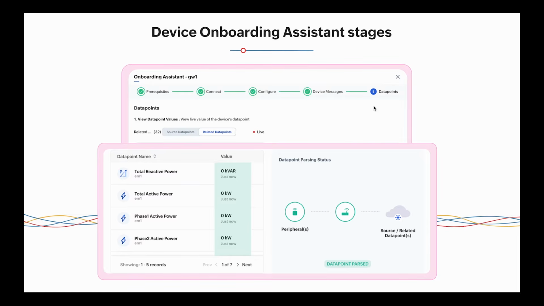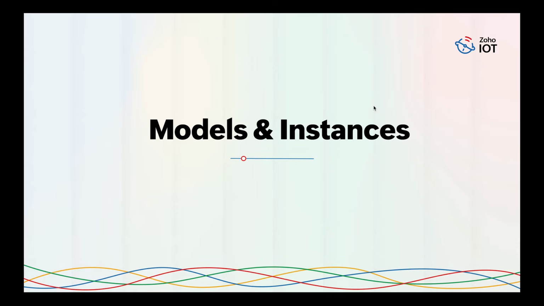These are onboarding steps that seamlessly help developers go through these stages one by one, so that you can follow these procedures at every step and successfully onboard your device. With that, we ended part 2, and now in this session we'll start with models and instances.